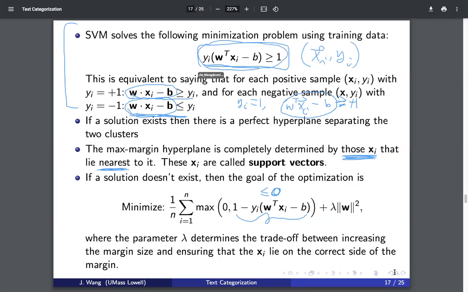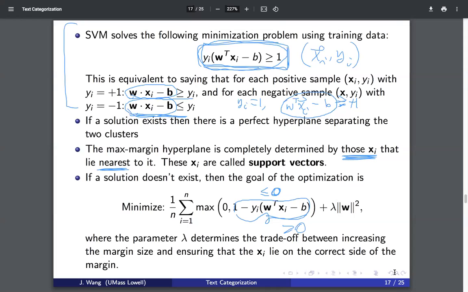Okay, but then we allow errors. That means 1 minus this thing is less than or equal to 0. So basically we want to take the average of these things. And if it is greater than 0, that means the error occurs, right? If this thing is greater than 0, that violates this. So then we take the maximum of it, which would be some error.